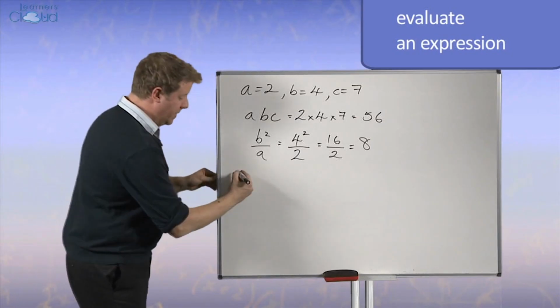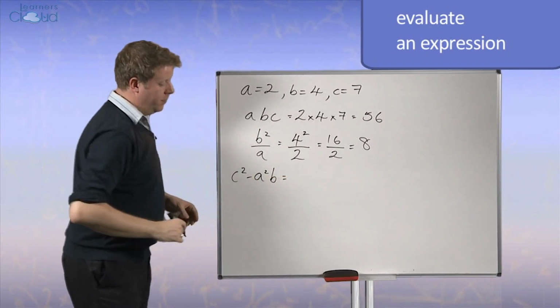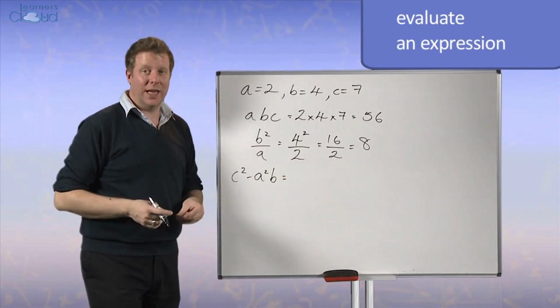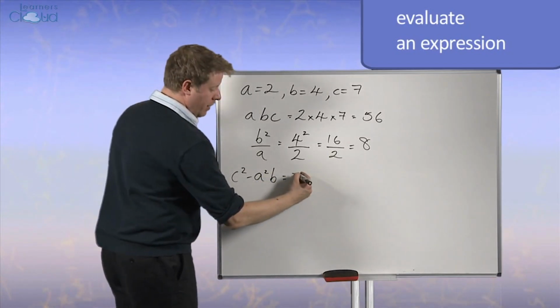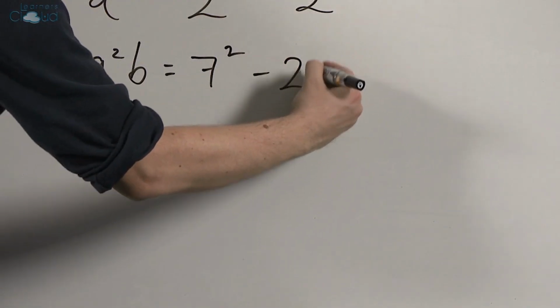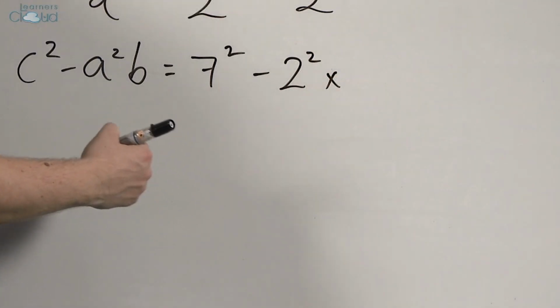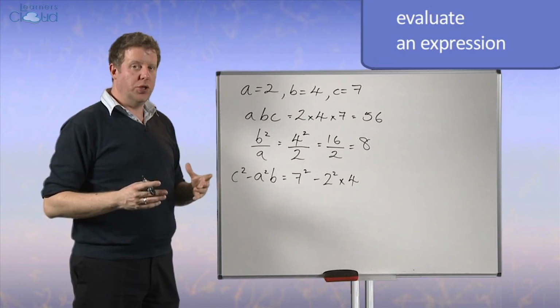Let's look at another one, C squared minus A squared B, because they will get more and more complicated potentially on the exam. So C squared is going to become 7 squared, subtract 2 squared multiplied by 4. Now remember the order in which you do operations.